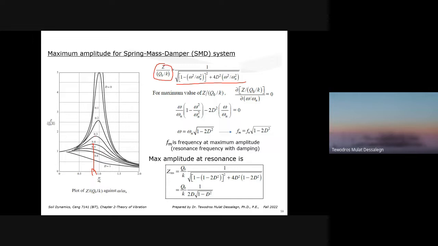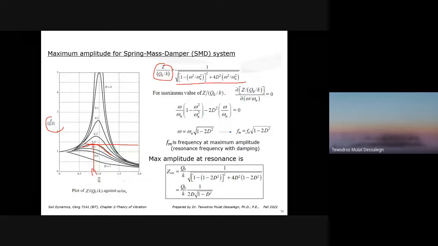If you know the equation of a graph, the way you find the maximum value is to find where the slope is 0. The slope, for example for this curve, is just the first derivative. If the slope is 0, it means it's a horizontal line.